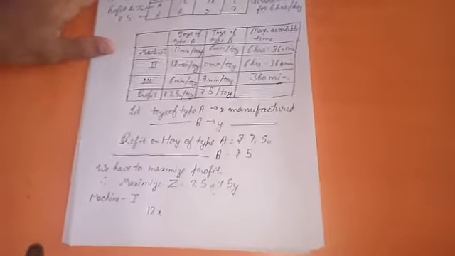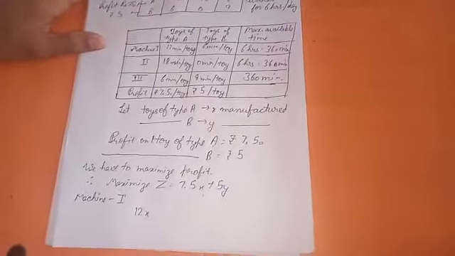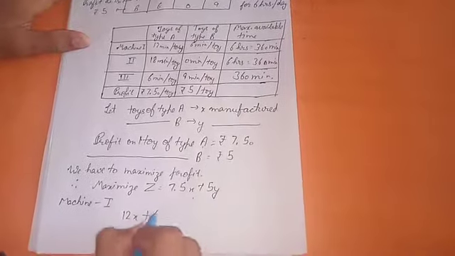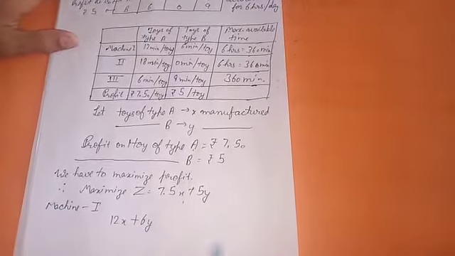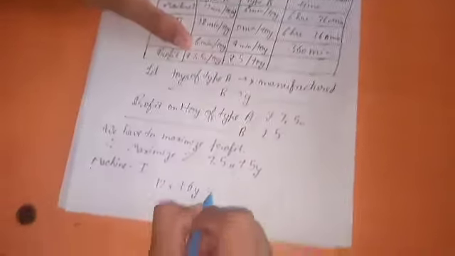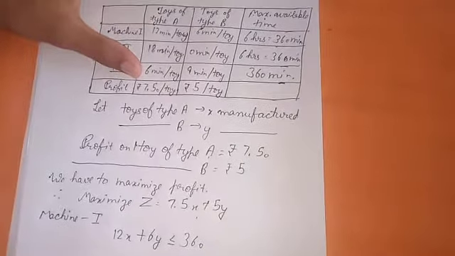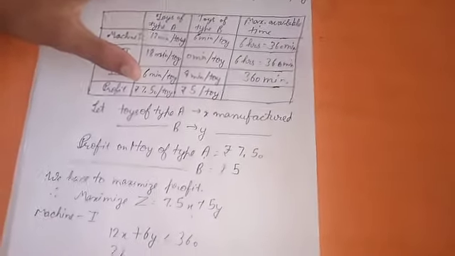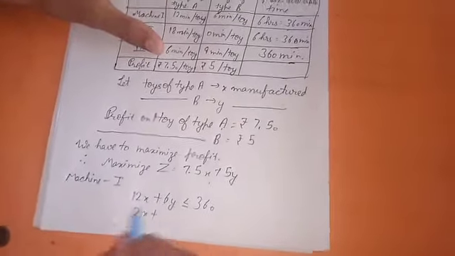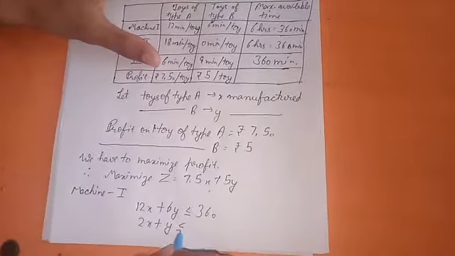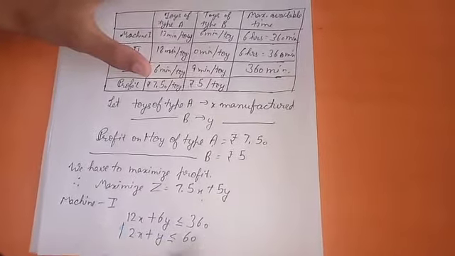Toy of type B takes 6 minutes per toy, so how much time will Y toys take? They will take 6y. This will be the total time taken, but total time available to us is 360 minutes, so this whole should be less than or equal to 360. Okay, now this we can write in simplified form, dividing whole equation by 6: 2x plus y should be less than or equal to 60. Okay, it is our first constraint.